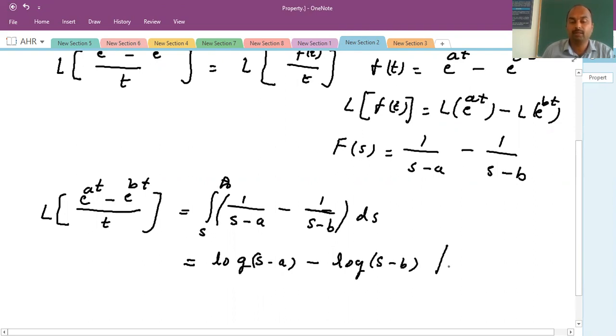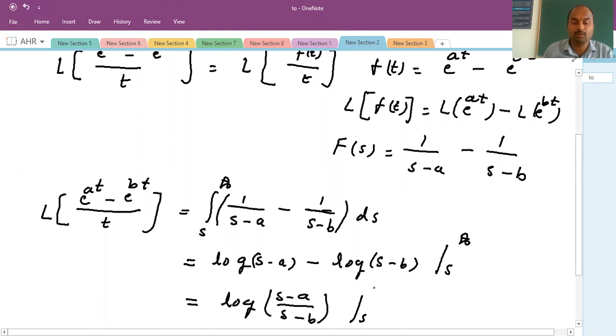The limits are s to infinity. By applying the laws of logarithm, we can write it as log((s minus a) by (s minus b)), limits s to infinity.